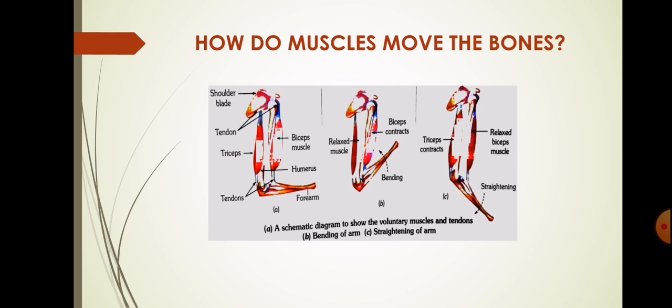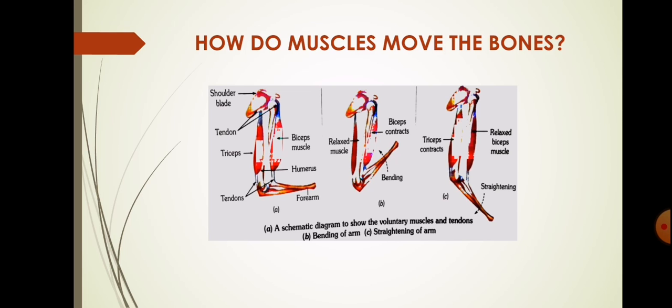The muscles are basically elastic bundle-like structures which attach to our bones by tough fibers, and these fibers are called tendons. Okay, muscles are elastic structures present in our body. These muscles attach to the bone with the fibers, and those fibers are called tendons. Okay, now because of these muscles, the movement of the bones takes place.